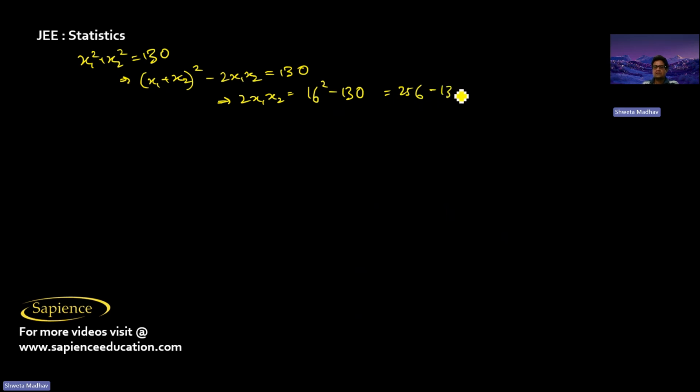So minus 130, that is equal to 126. So therefore x1 x2 is equal to 126 by 2, 2 sixes are 12, and 3 sixes are... So x1 x2 is 63.